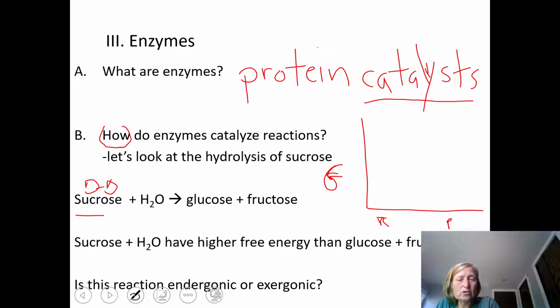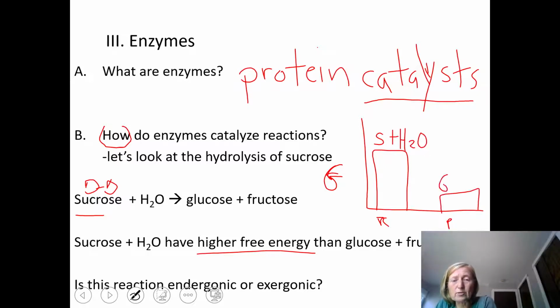The reactants are sucrose and water, and they have a higher free energy, so I'm going to put the bar up high, sucrose plus water up here, than the products. The products are glucose and fructose.